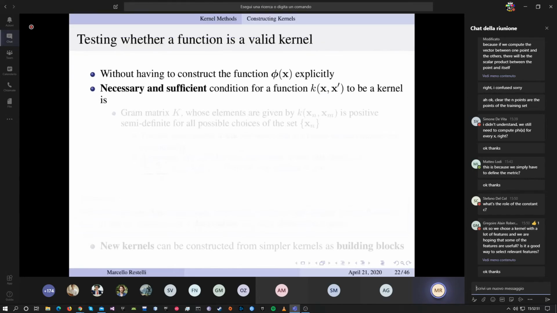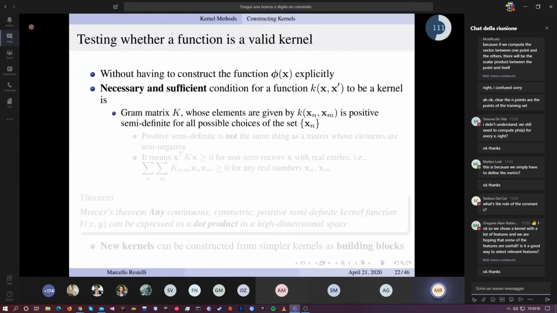Another way of understanding if a function is a valid kernel is to use this necessary and sufficient condition. A function is a valid kernel if the Gram matrix K, composed over this kernel function for any choice of input points, is positive semi-definite. What does this mean? It means that the kernel, to be valid, needs to induce a kernel matrix that is positive semi-definite.